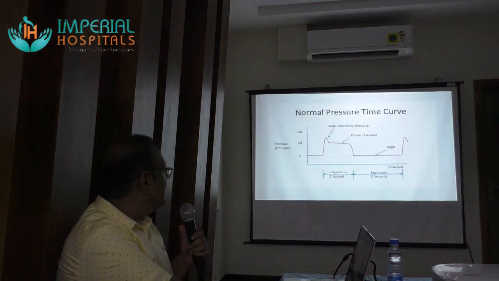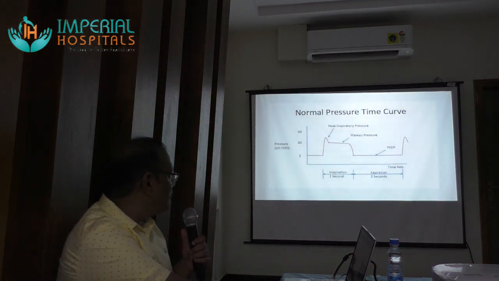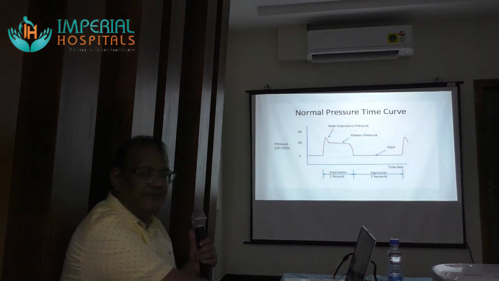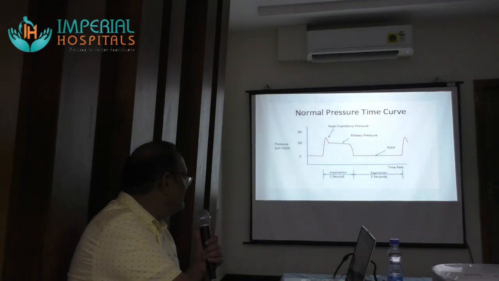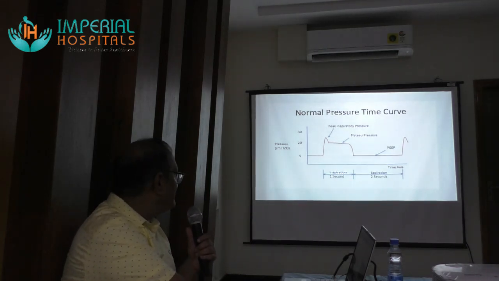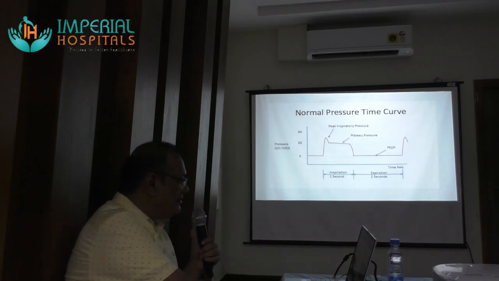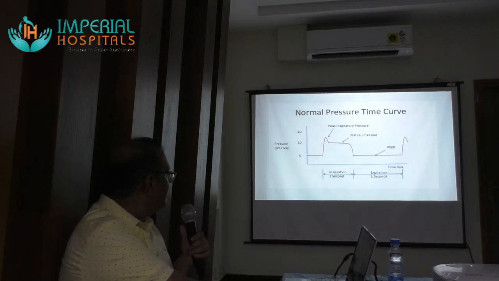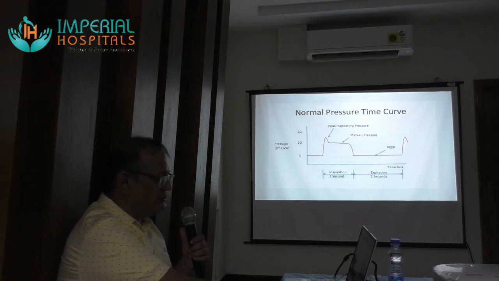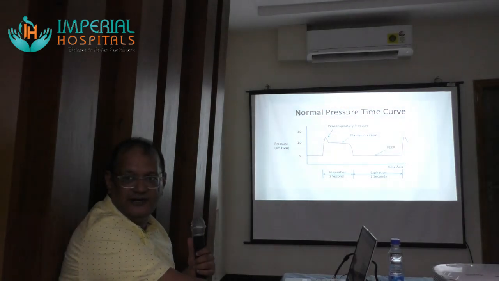Pressure is measured on the y-axis in centimeters of water, and time on the x-axis. So there is initiation. Where you see inspiration, suppose the patient is taking 20 breaths per minute, right?